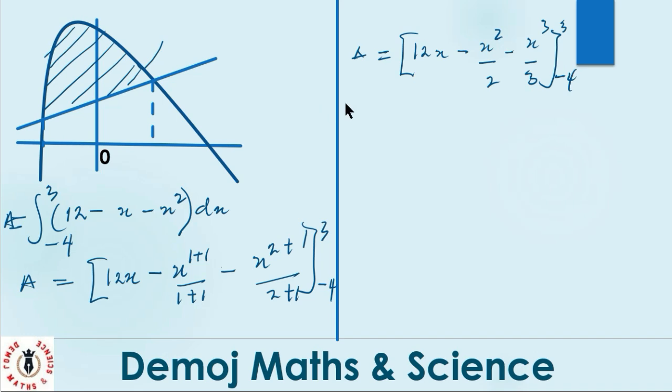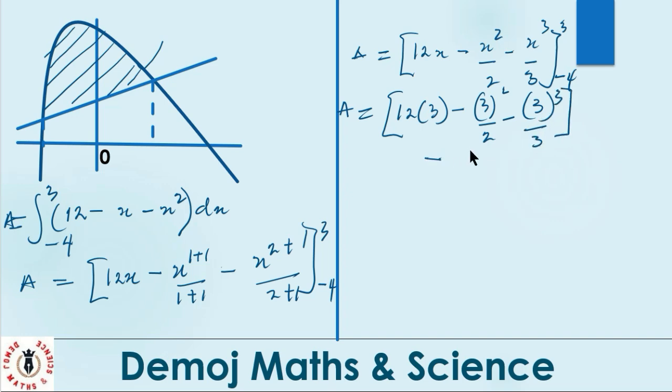So my area A will be equal to 12 into 3, minus 3 squared over 2, minus 3 raised to power 3 over 3.